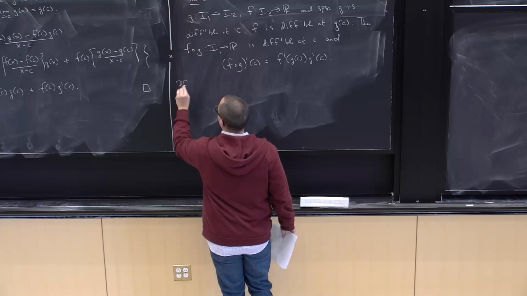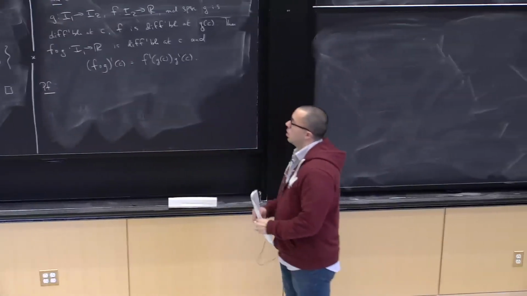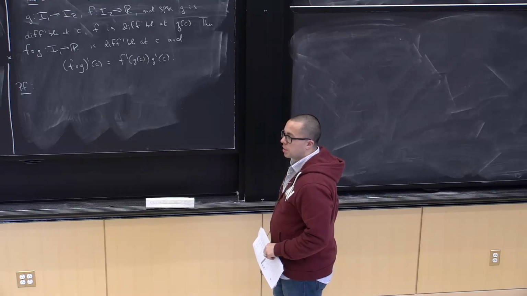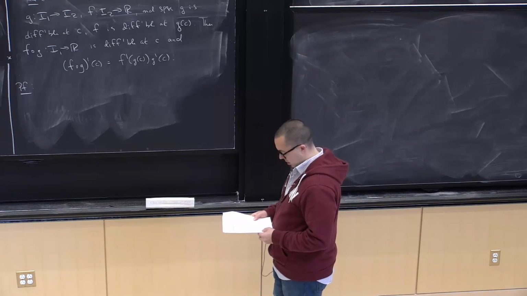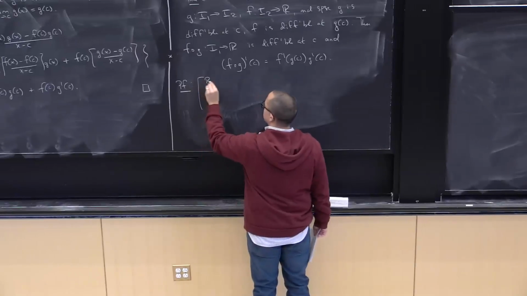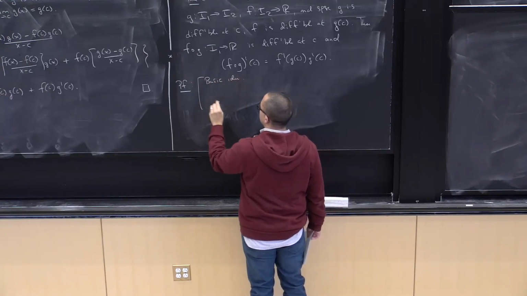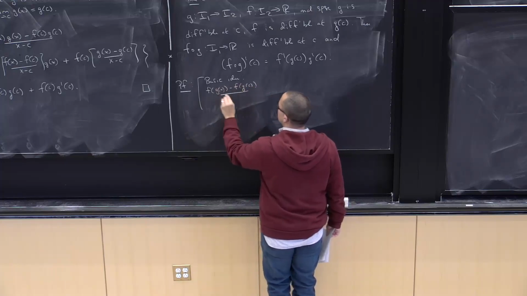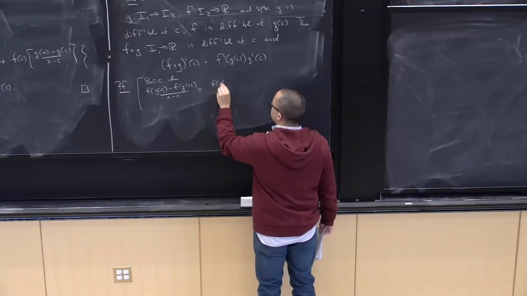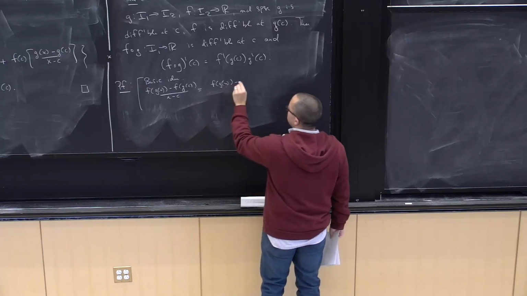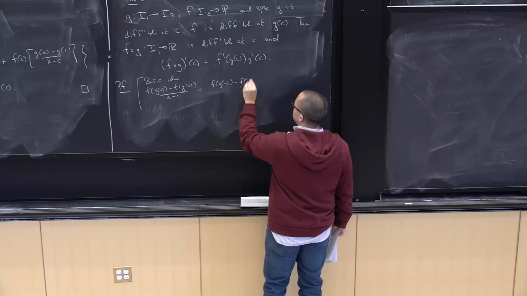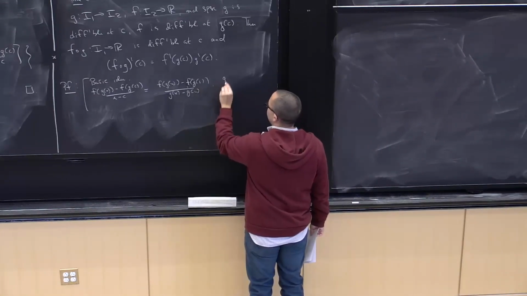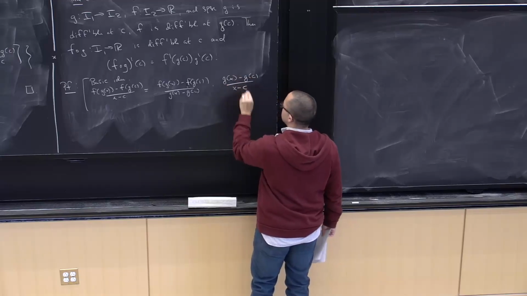Okay, so what's kind of the basic idea? The basic idea is that we write the difference quotient f of g of x minus f of g of c over x minus c as f of g of x minus f of g of c over g of x minus g of c, times g of x minus g of c over x minus c.